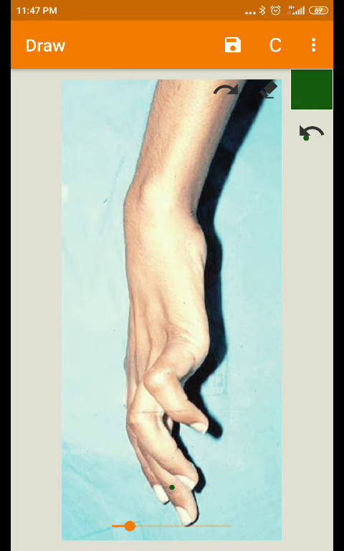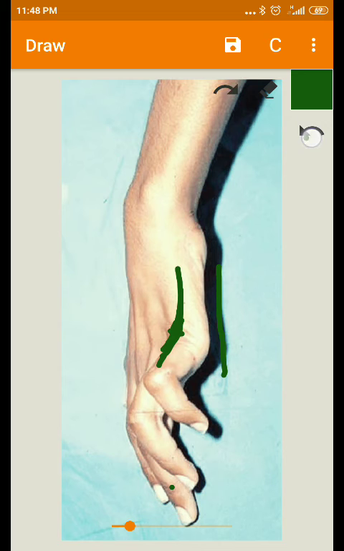Now, the ulnar claw hand is characterized by hyperextension at the metacarpophalangeal joint. So this is the metacarpal and this is the phalanx. Here you can see the hyperextension of the metacarpophalangeal joints involving the little finger as well as the ring finger.